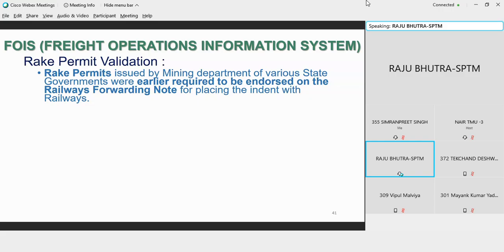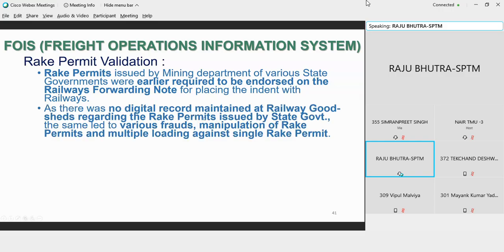The forwarding note is offered by the consignor at a freight terminal for placing the indent for wagons for loading a particular commodity. So on that forwarding note, an endorsement was made by the mining department, which was called a rake permit.